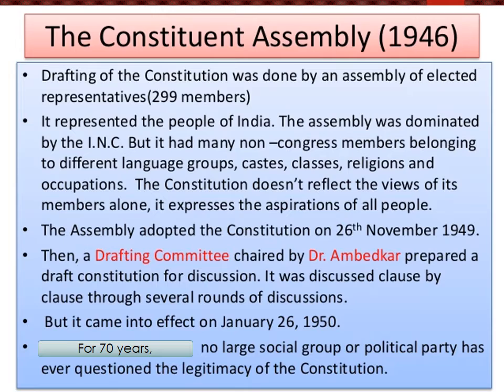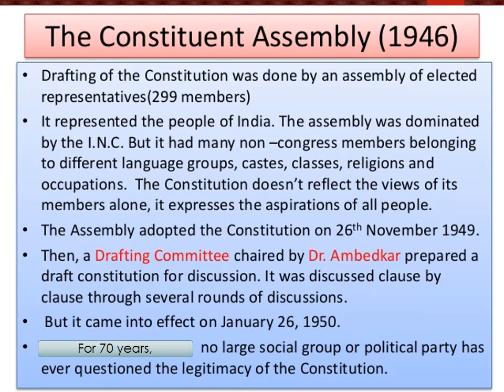Drafting of the Constitution was done by an assembly of 299 elected representatives, after the partition of the country. It represented the people of India. The Assembly was dominated by the Indian National Congress, but it had many non-Congress members belonging to different language groups, castes, classes, religions and occupations.